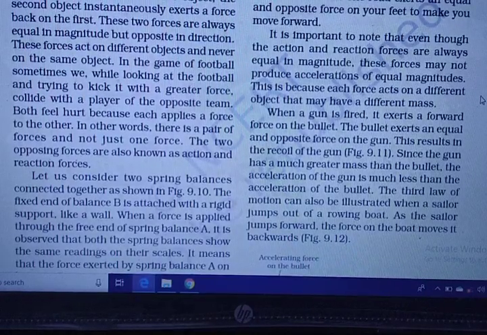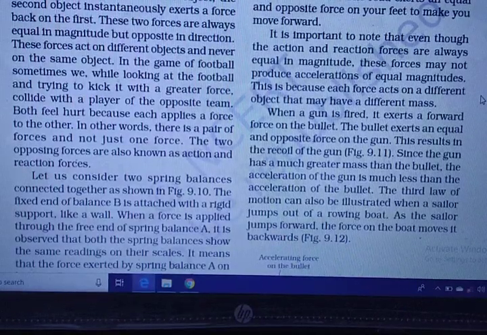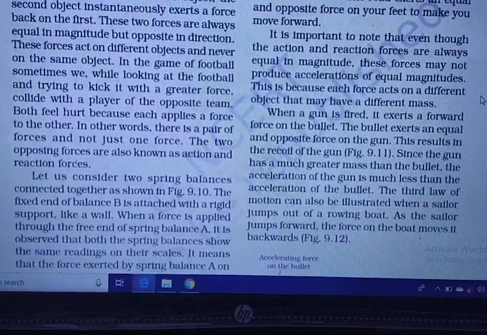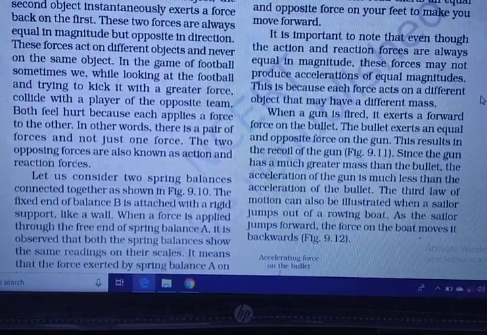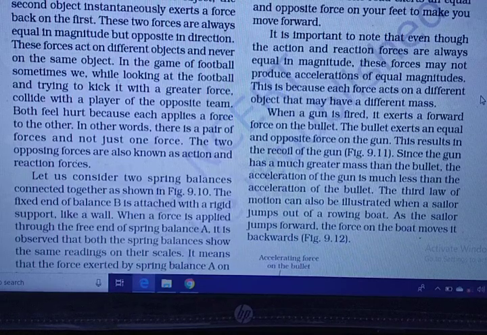This is because each force acts on a different object that may have a different mass. Whatever amount of force we give the road, the same amount of force the road gives to us, equal in magnitude. But the accelerations need not be equal, because each force acts on a different object that may have a different mass.